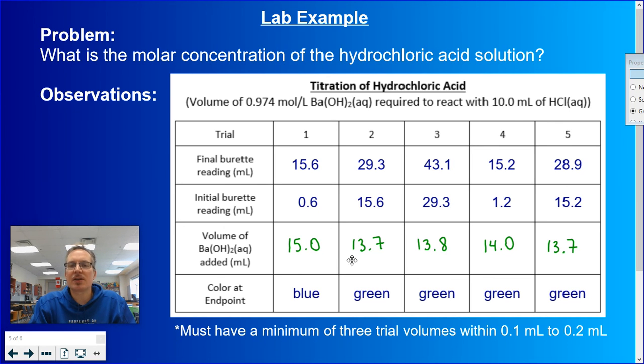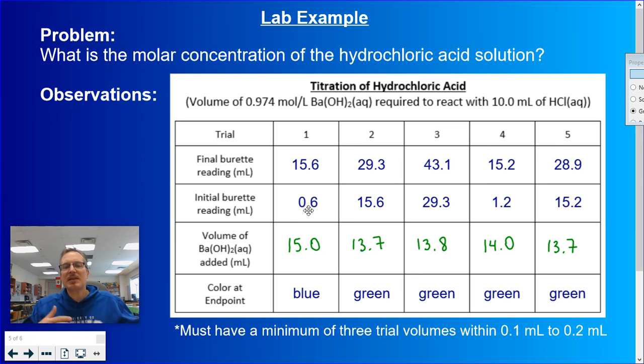Then we also look at the observation table, but you do not look at the initial or the final burette reading for significant digits. You look at the change in volume. How much did it take for the color to change? The reason I don't look at the initial burette reading is because when I filled up my burette, I might have filled it to 0.6 milliliters. My lab partner might have filled it only to 3.2 milliliters, and somebody else to 11.6.